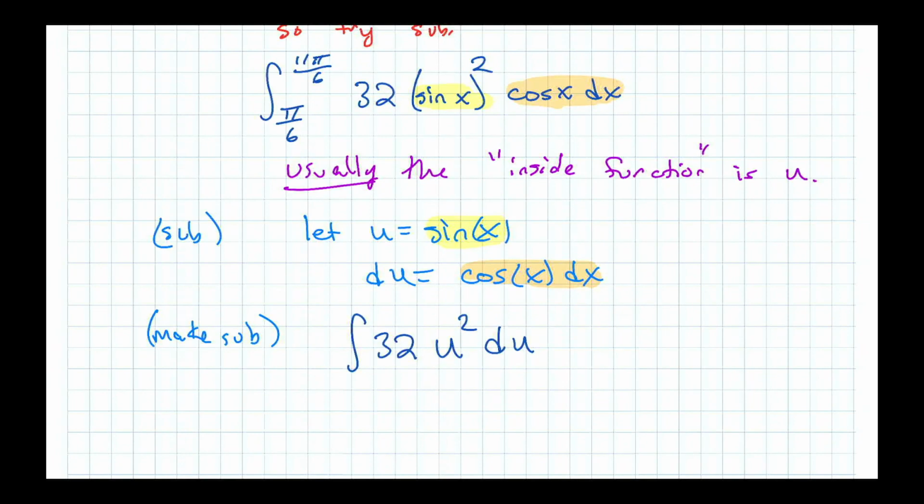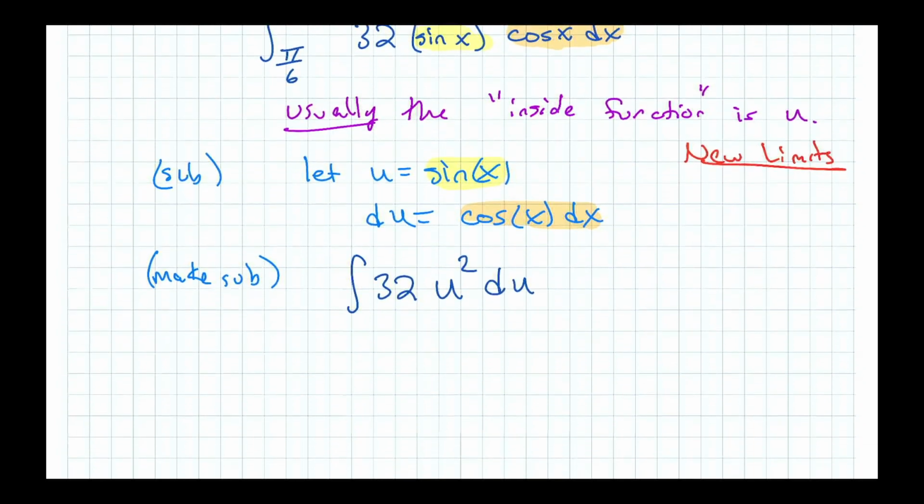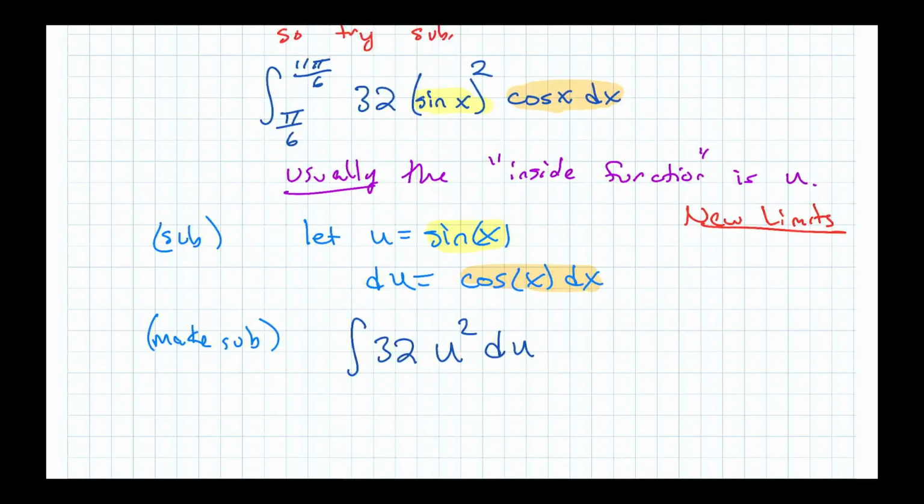So the way you deal with the limits of integration is we'll say, all right, calculate new limits. What you do for the limits is you just take one of the limits, like the old bottom limit is pi over 6. So that's x equals pi over 6, right? But if x is pi over 6, what is u? Because we got u's here.